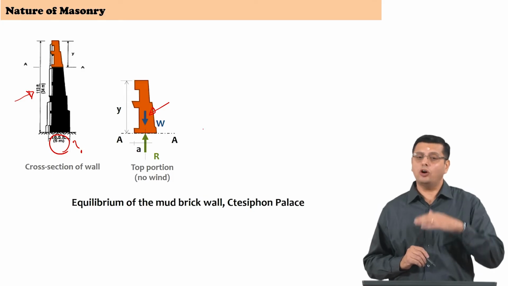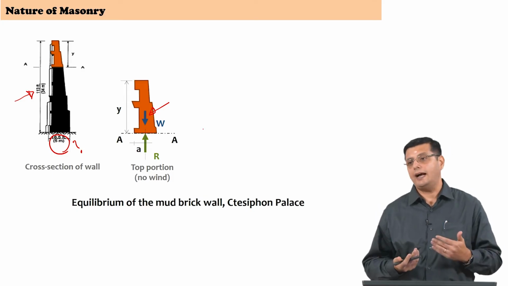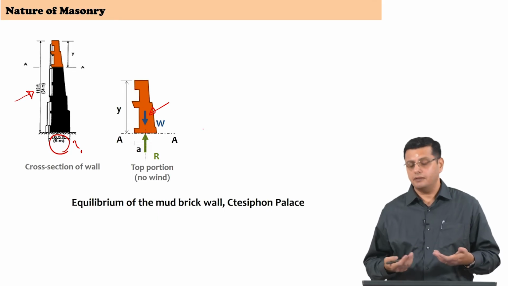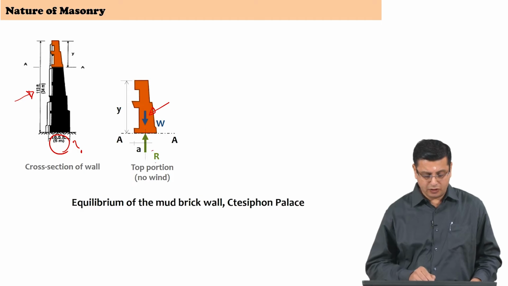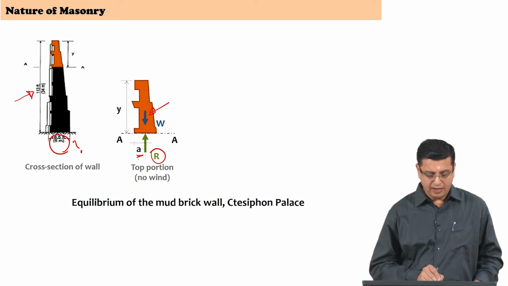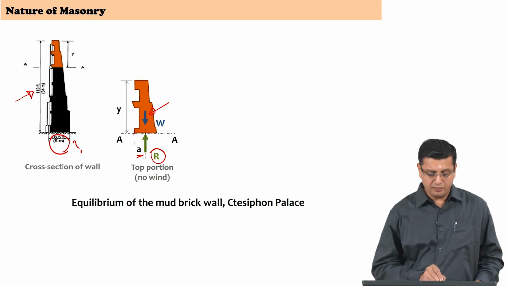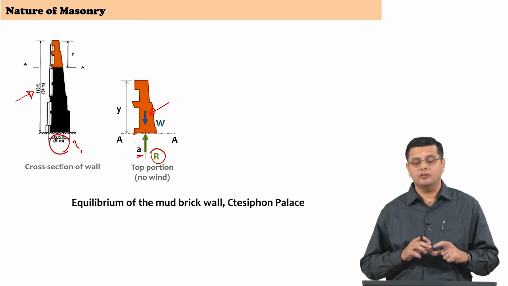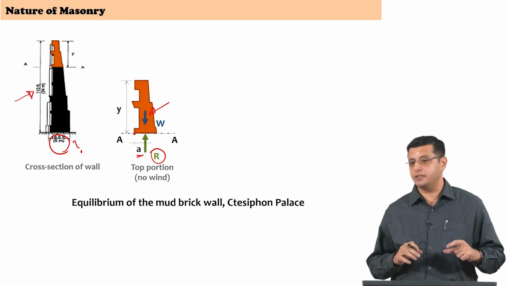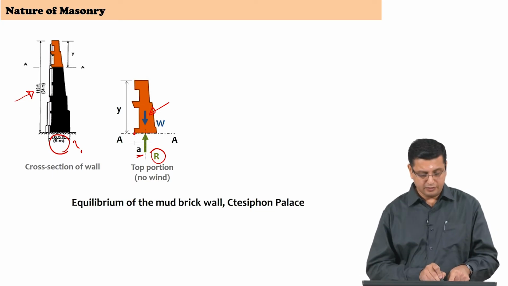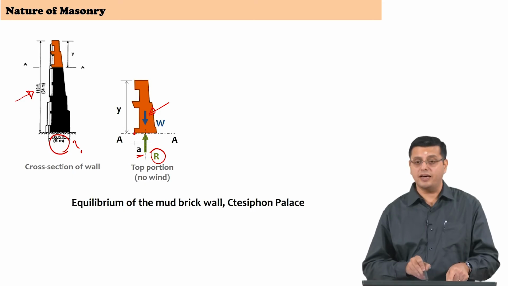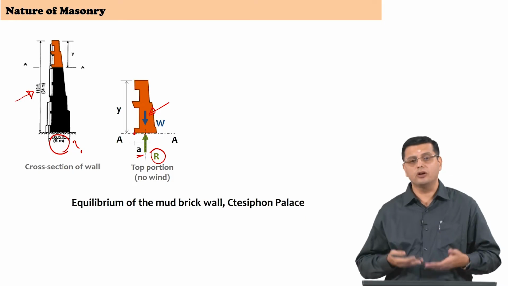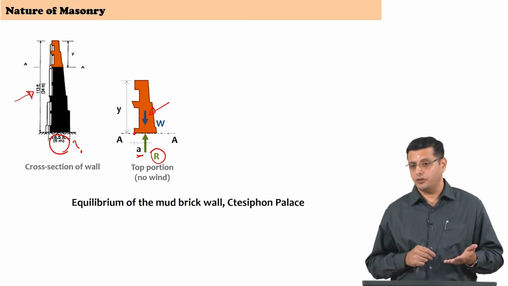The resultant of the gravity forces, R, acts at the centroid of the cross section, defined at a distance A from the edge, so you have uniform compressive stresses in this cross section. At the inner edge and at the outer edge, the cross section is going to experience uniform compression simply because the resultant is acting at the centroid of the cross section.